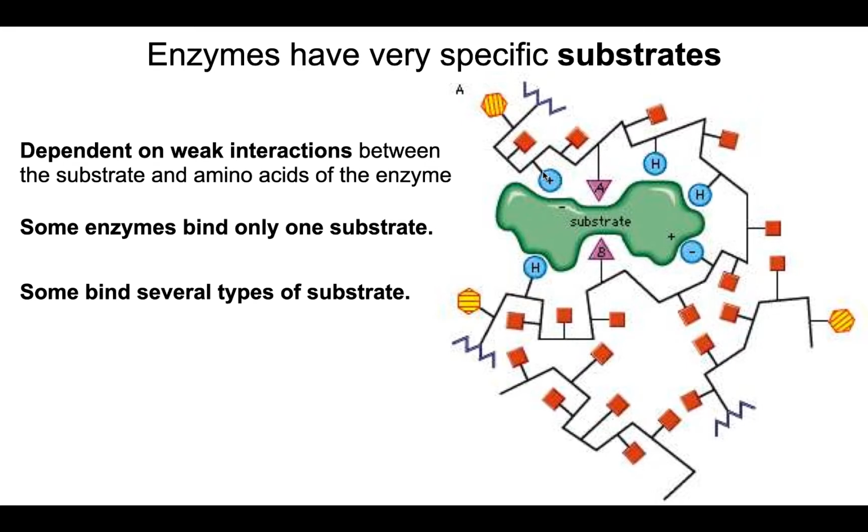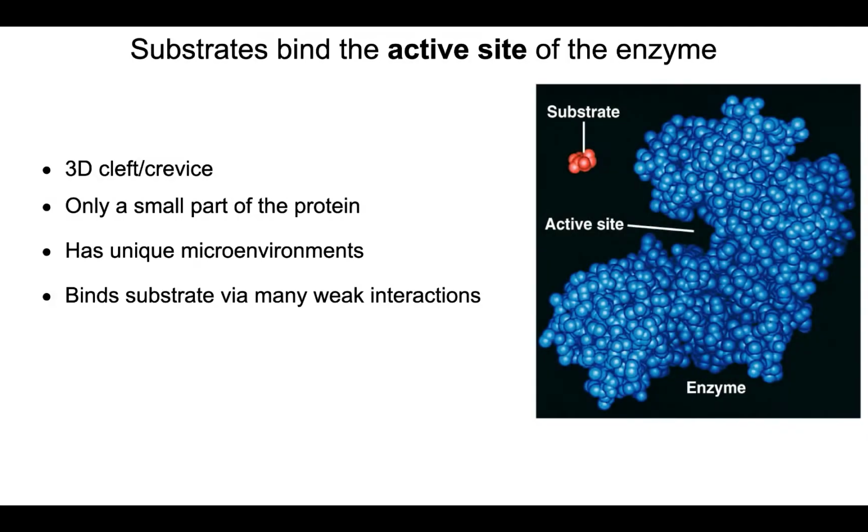And it is the active site of the protein that interacts with the substrate, and they do so via weak interactions: hydrogen bonds, hydrophobic interactions, ionic interactions. Some enzymes bind just one single type of substrate. Some enzymes bind several different types of substrates. But in general, enzymes are very specific for the things that they bind.